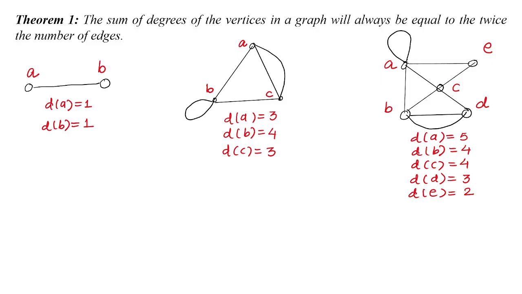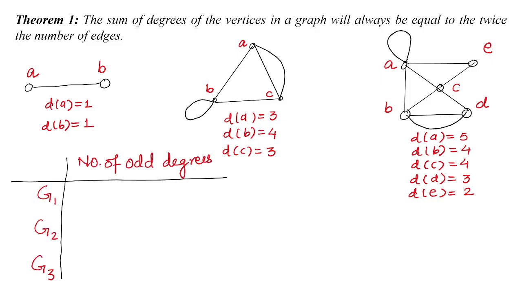Likewise in the third graph, vertex A and vertex D have odd degrees. If we count the number of vertices having odd degrees in all three graphs, we get 2. And what is this number? This is an even number.